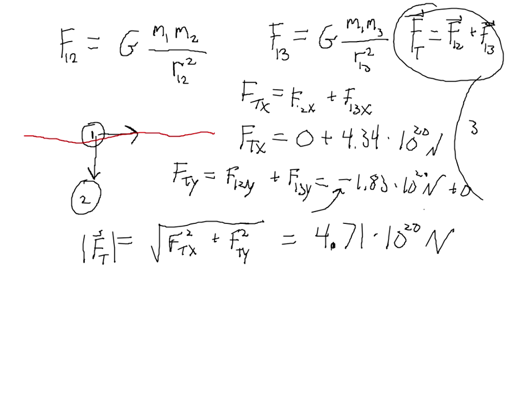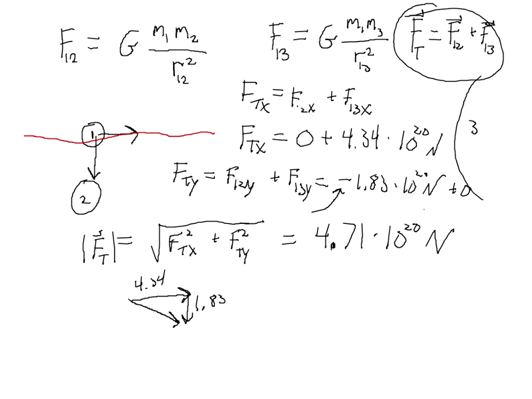Okay, so we have an x component of approximately 4 this way, and then a y component of about 2, roughly, down this way. Okay, this would be 4.34 times 10 to the 20, and this is 1.83 times 10 to the 20. So the direction will be off that way.